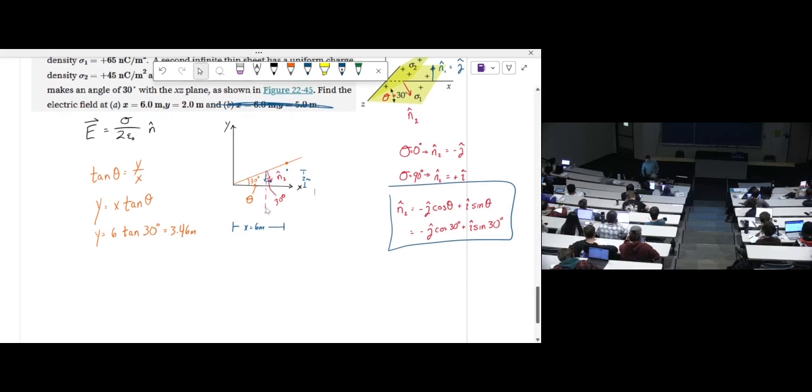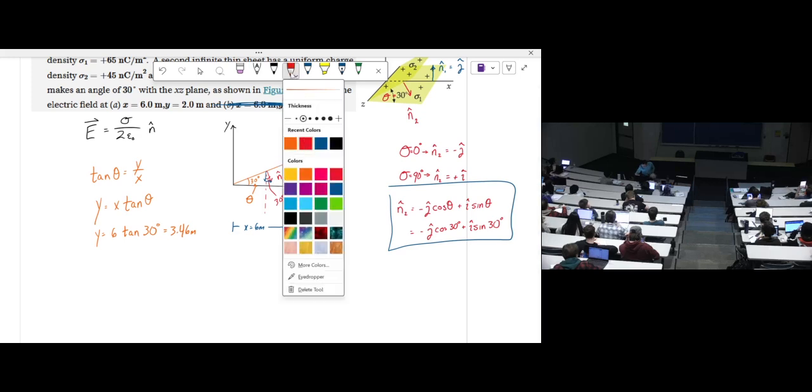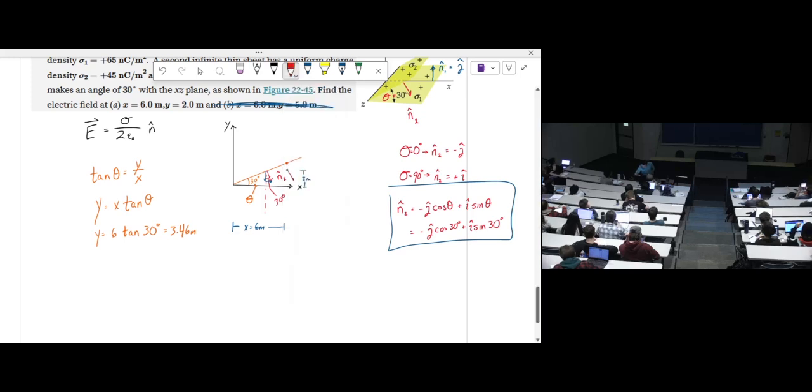So if I want to know the electric field inside this region, then I have to consider that there is some electric field from this plane that's going to be going down and to the right. And then I've got additional electric field going from the bottom plane that's going to go up sort of like this. And the net effect is equal to the electric field from 1 plus the electric field from 2.